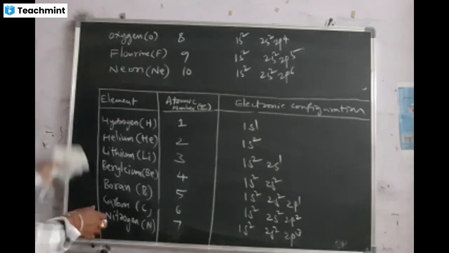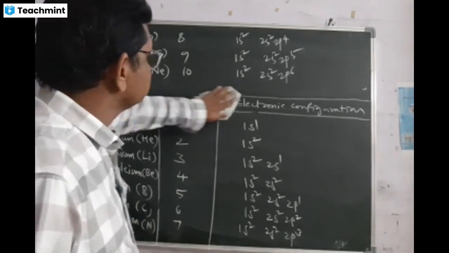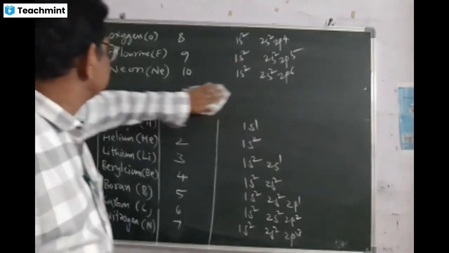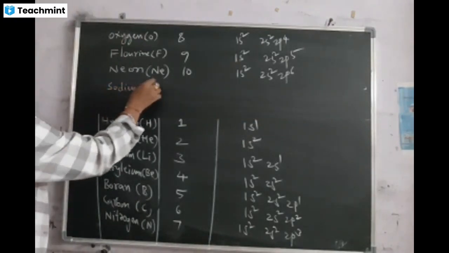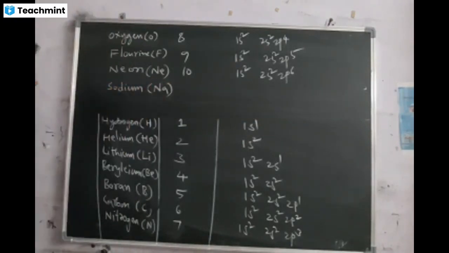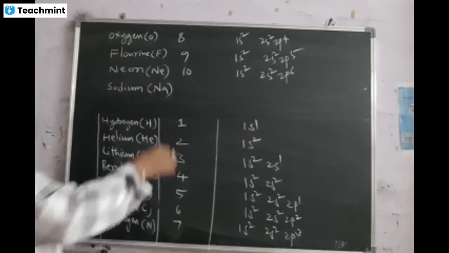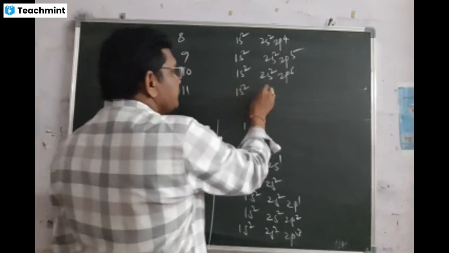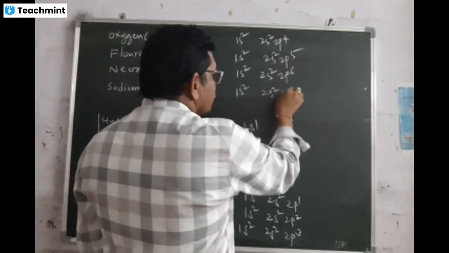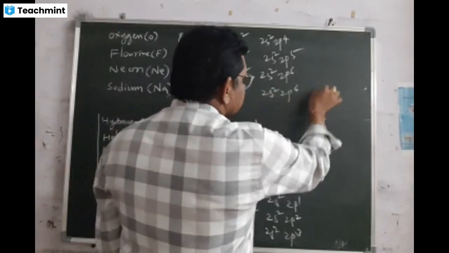Then see, after neon, the next element is sodium. Sodium, that is Na. Atomic number is 11. Then the configuration should be 1s2, 2s2, 2p6, 3s1.